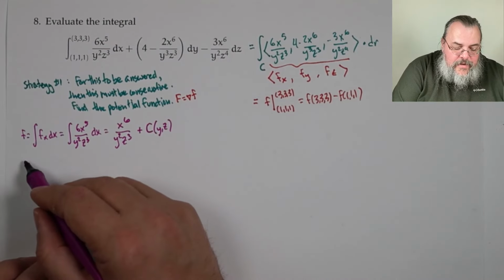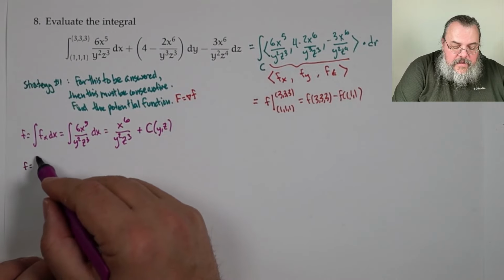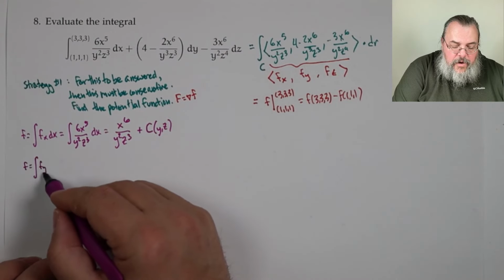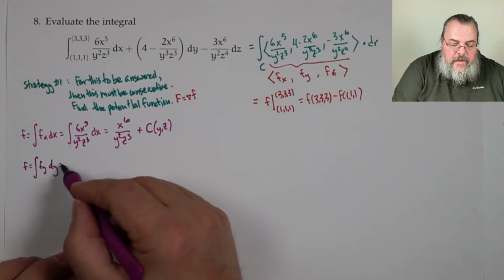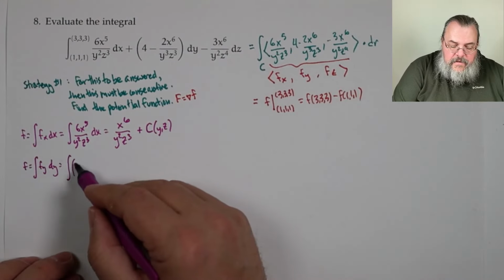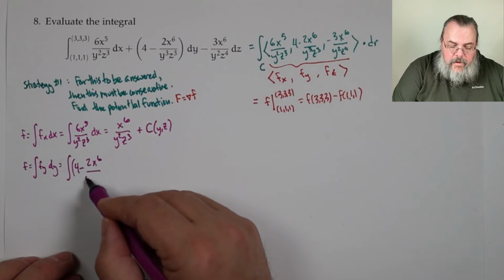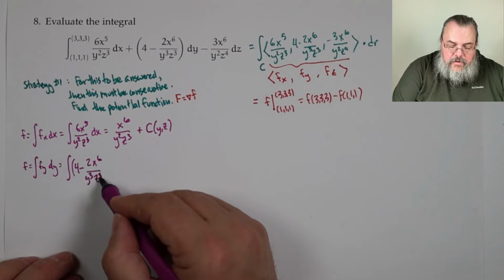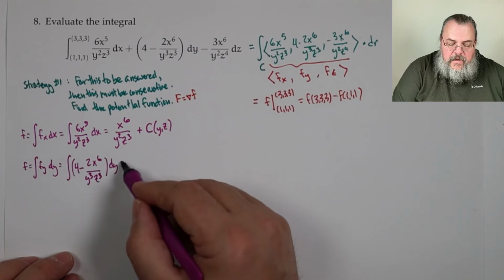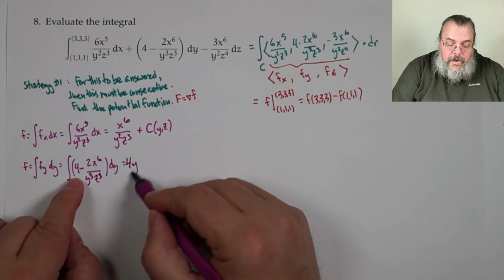Now we do the same thing with the other slots. So f, the integral, f sub y dy. Okay, so that's the integral of (4 minus 2x to the 6 over y cubed z cubed) dy, which is what? Well, the integral of the first term, 4y.